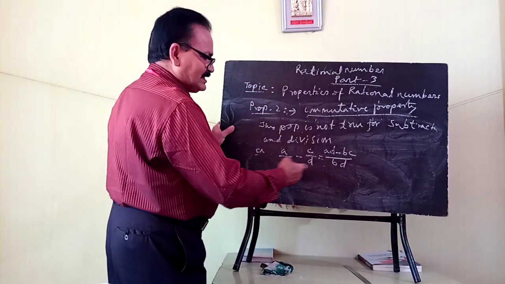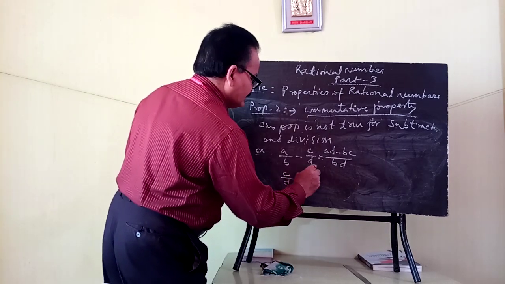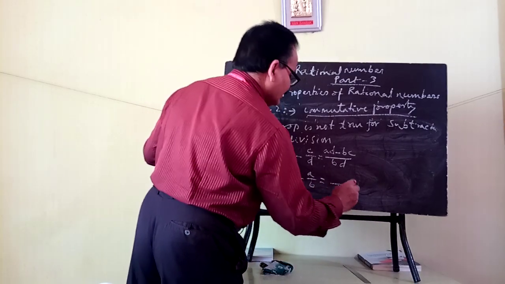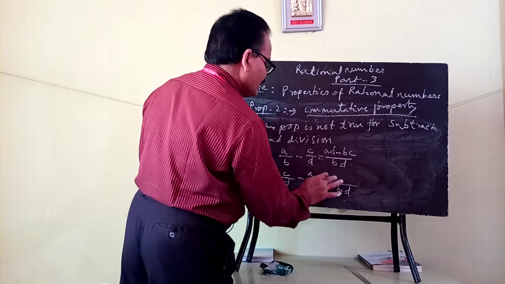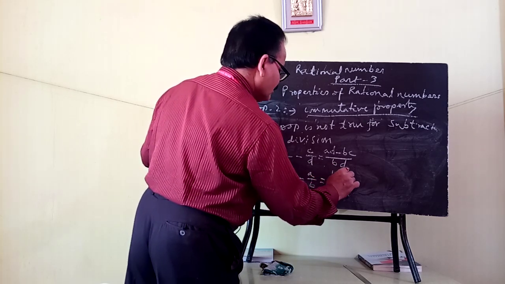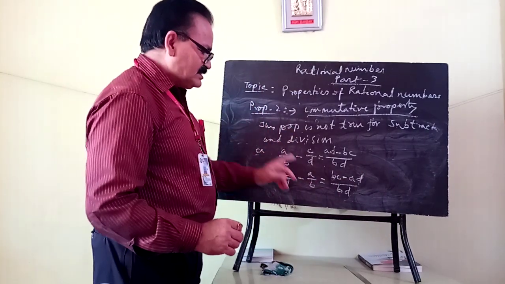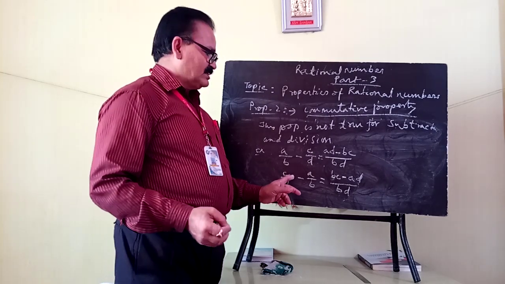But if we will change the order, if we do C by D minus A by B, what will happen? LCM becomes BD, but here it will be BC minus AD. So that means both the values are opposite to each other.